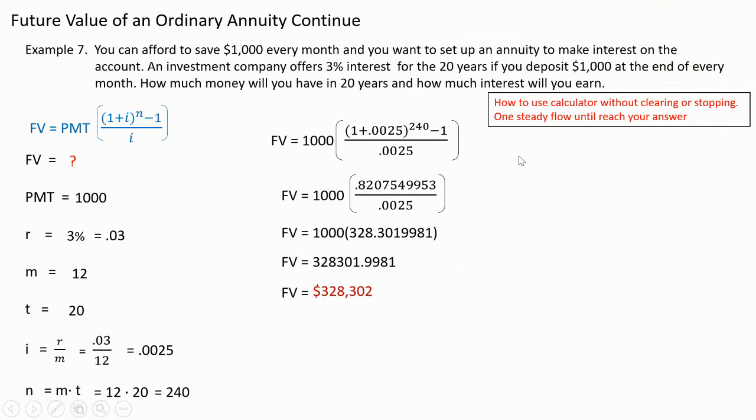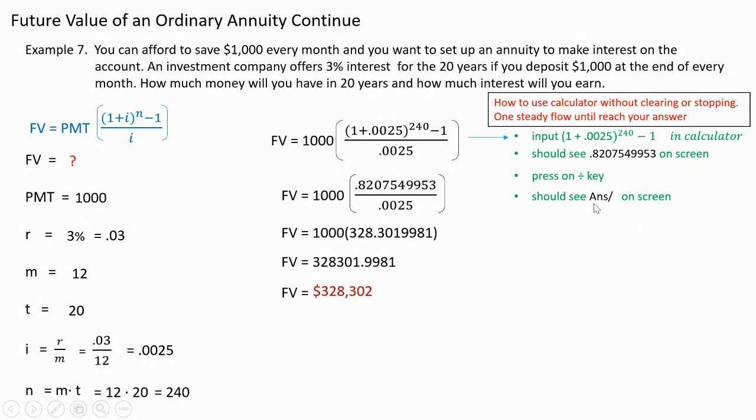Okay, now I'm going to show you how to do it in the calculator with one steady flow. So first, that's what you enter in your calculator, which is the numerator here. Once you enter it, this is what you should see, right? That's the answer. Then without leaving your calculator, you can go in a steady flow and reach the answer. So now you're going to hit the division key.